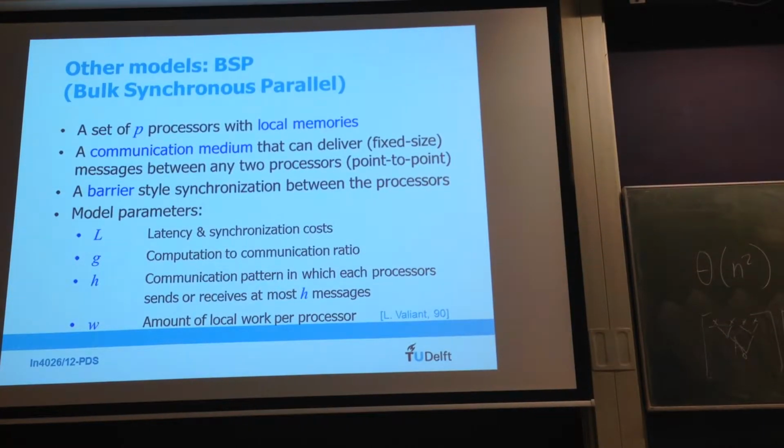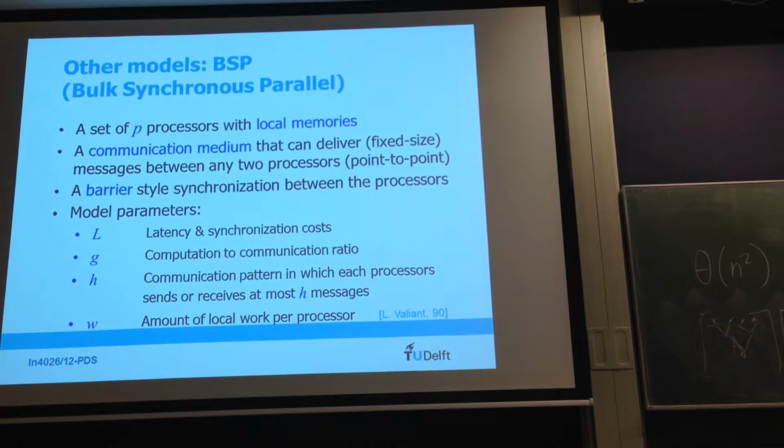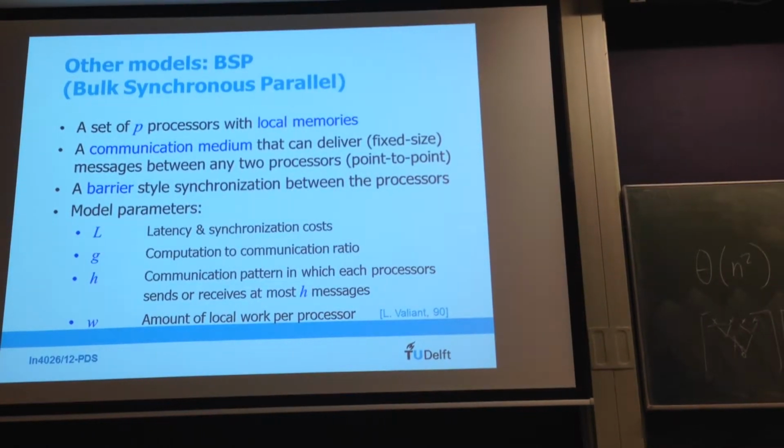In between is a communication medium that can deliver fixed size messages between any two processors, point to point. Fixed size. The words fixed size reappear in these ideal models, because it's essential.